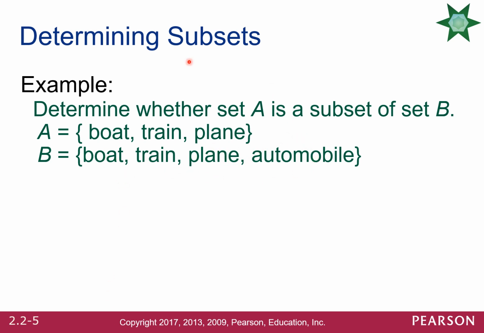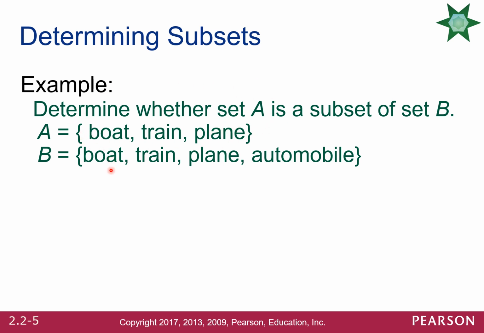So we have to go ahead and check first if all the elements of set A are also in set B. So yes, boat is there in set B. Train of set A is also there in set B. Plane is there.